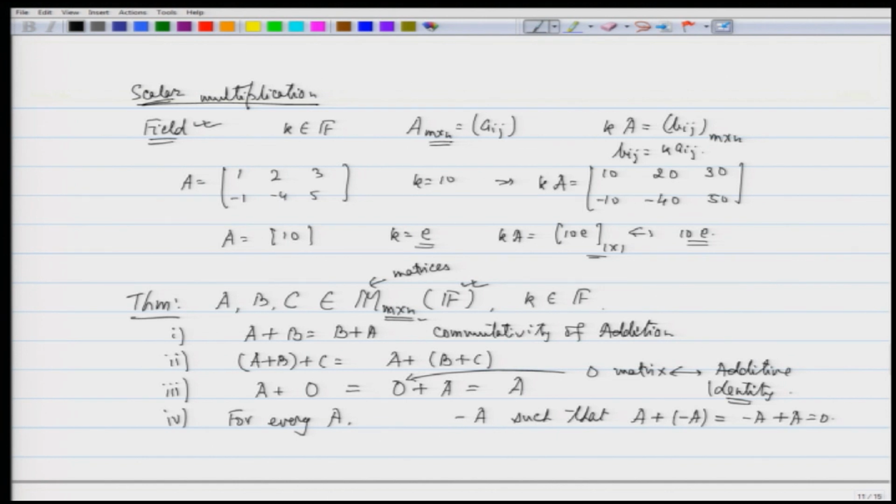Fine. And now the scalar multiplication, k times A plus B is k times A plus k times B, and k times m of A is k m times A.